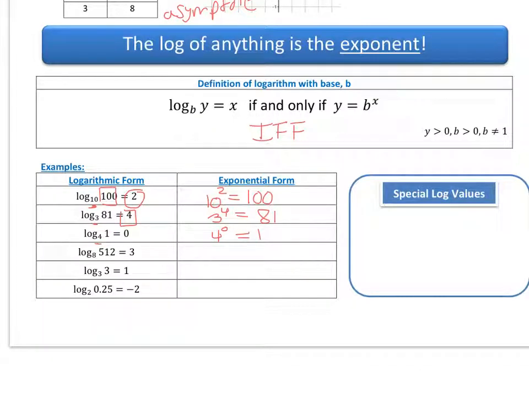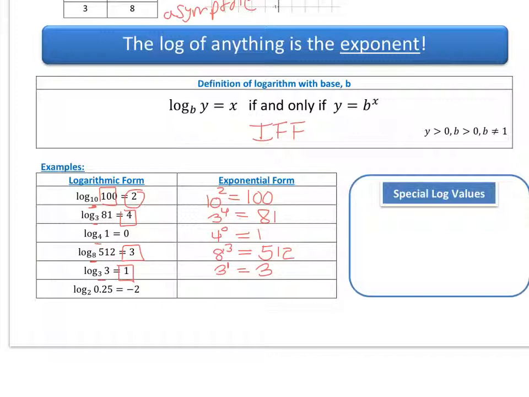Our base here is 8, and the exponent is 3, and that equals 512. The base here is 3. The log of anything is the exponent, so 1 is the exponent, and 3 to the 1 is just 3 itself.